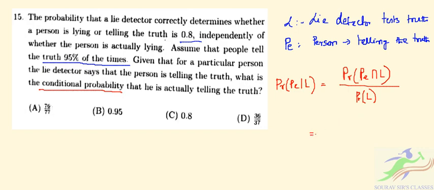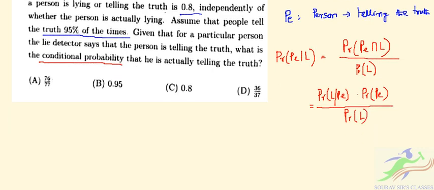So we can simplify PE intersection L as the probability of L conditional on PE, that is, whether the person is telling the truth or lying, as determined by the lie detector, multiplied by the probability of the person telling the truth, divided by the probability of the lie detector detecting the truth.